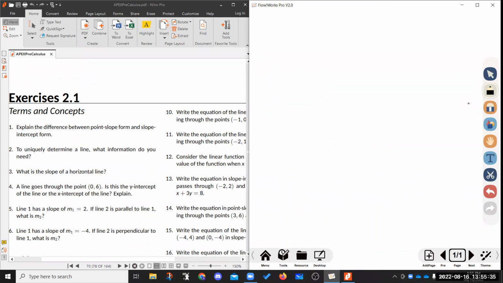What is the slope of a horizontal line? Remember from our MTE 5 horizontal lines have a slope of 0, and their equation is y equals a constant b. Vertical lines, the slope is undefined.